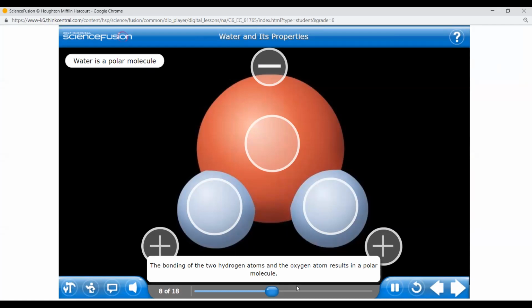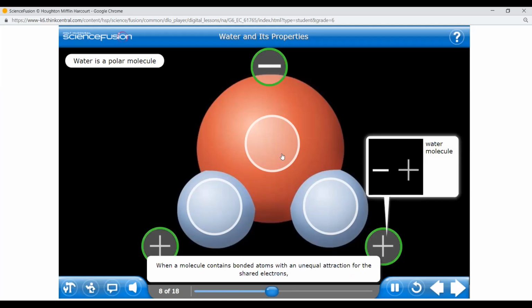Results in a polar molecule. Polarity occurs in a molecule when different areas of the molecule have slightly different charges. This happens when the atoms do not equally share electrons. Click each part of the water molecule to learn more about water's polarity. When a molecule contains bonded atoms with an unequal attraction for the shared electrons, it is called a polar molecule.